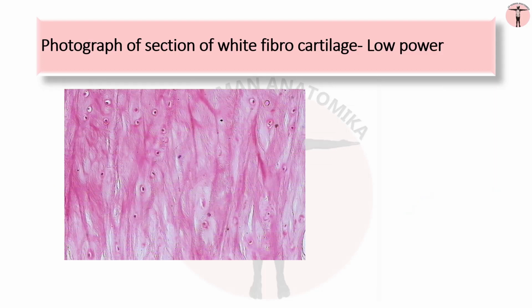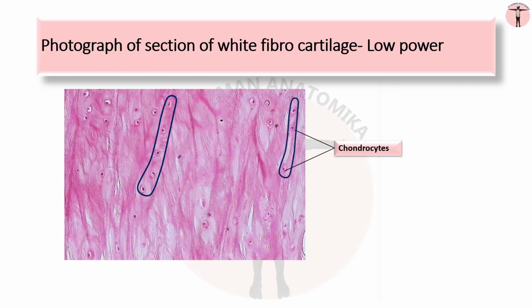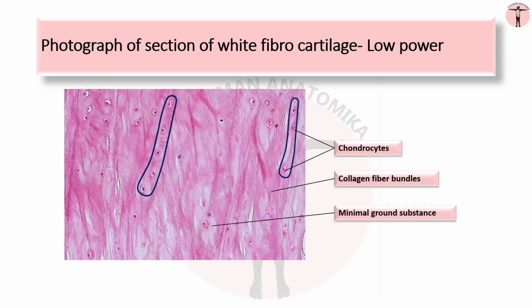This is the photograph of the section of white fibrocartilage as seen under low power of microscope. The section shows the chondrocytes present in linear rows between the collagen fiber bundles. The ground substance is very minimal surrounding the chondrocytes, which may be seen or may not be seen in the section.